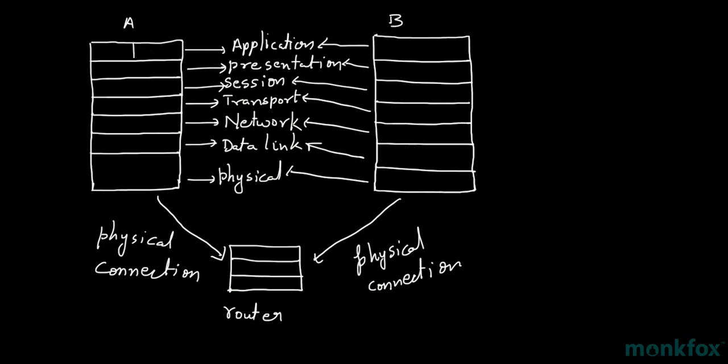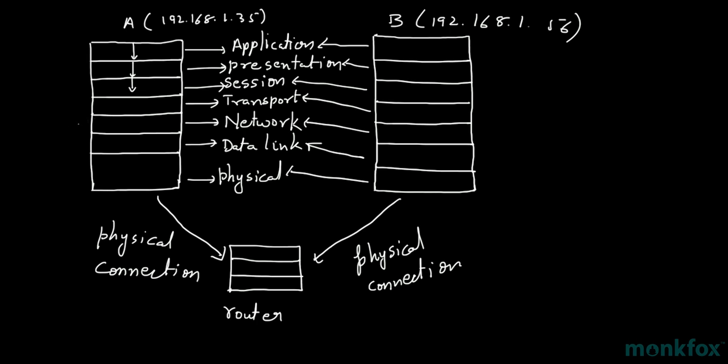When data needs to get transferred across the layers, first we need to know the IP address. Let us say the IP address of A is 192.168.1.35 and B has an IP address of 192.168.1.56. Now A needs to send the data to B.